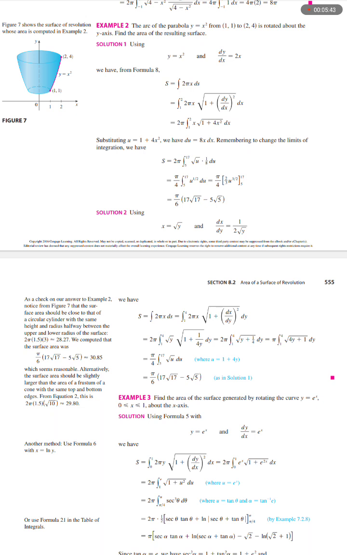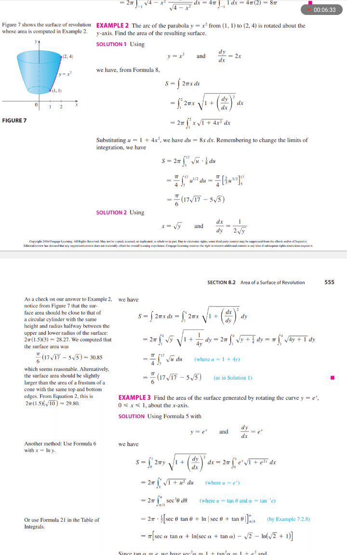Sidebar. As a check on our answer to example 2, notice from figure 7 that the surface area should be close to that of a circular cylinder with the same height and radius halfway between the upper and lower radius of the surface. 2 pi times 1.5 times 3 equals approximately 28.27.